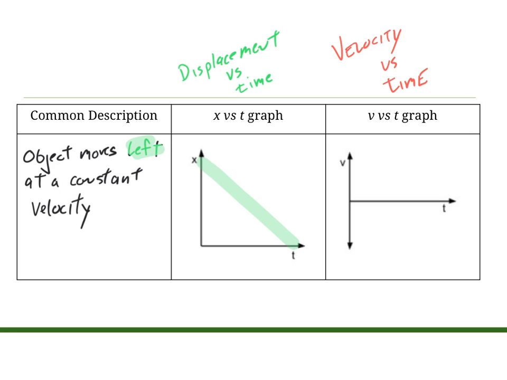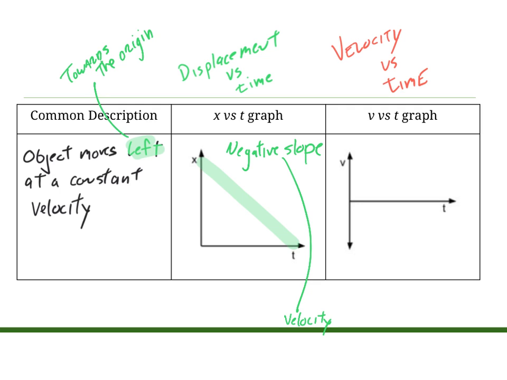So here we have a negative slope because the object is moving at a constant velocity to the left, or towards the origin. Now, if it has a negative slope, and if slope is equal to velocity, which we talked about earlier this week, then that means it would have to have a negative velocity.